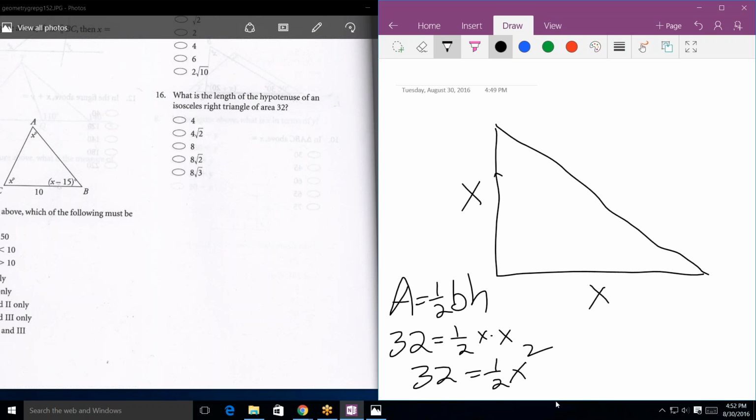Yes, then we multiply both sides by 2, and x squared equals 64, making x equal to 8. So I know this side is 8, and I know that side is 8. Now what's the hypotenuse? So 8 squared plus 8 squared equals the hypotenuse. So 64 plus 64 equals 128, right? Correct.